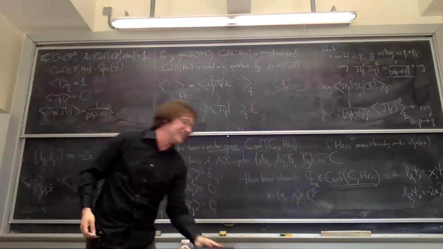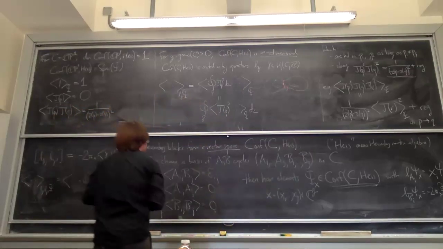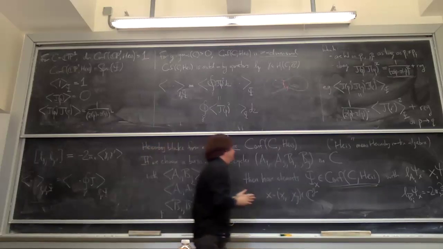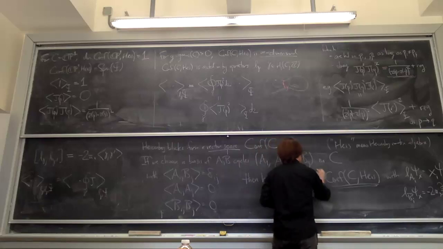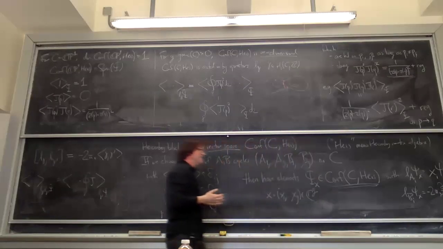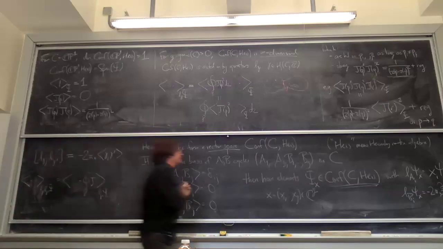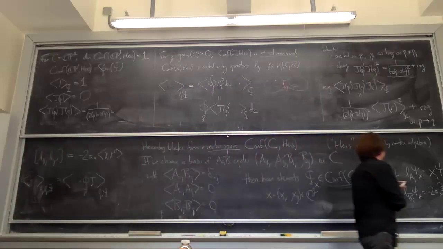Very good, very good. So yeah. What I would like to say is that these elements form, in some appropriate sense, a basis for this space. Of course, people talk about a basis in the space of conformal blocks.